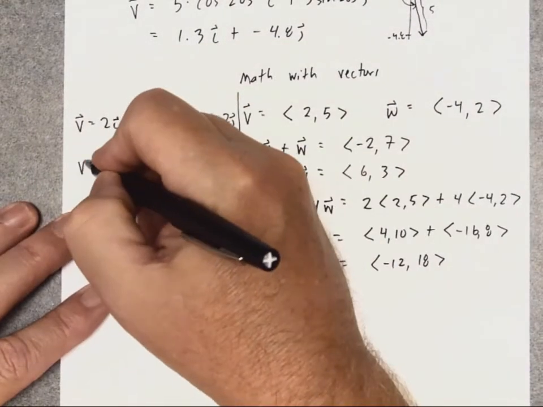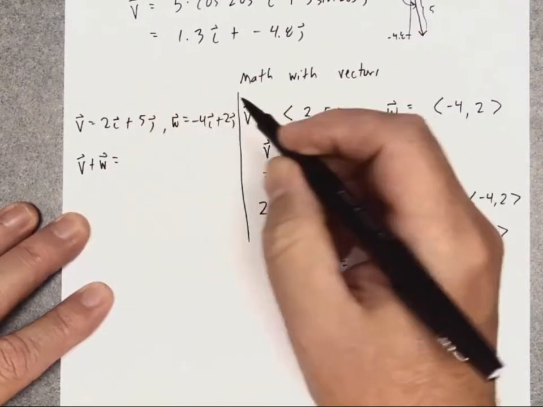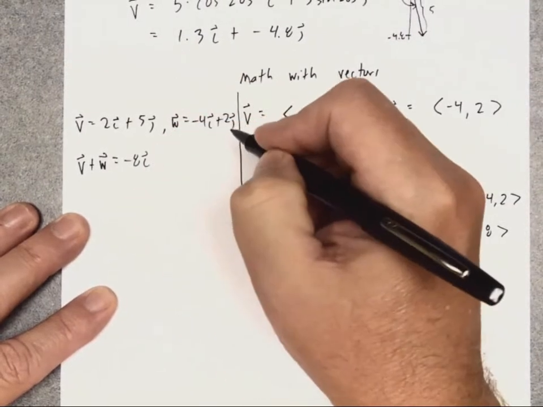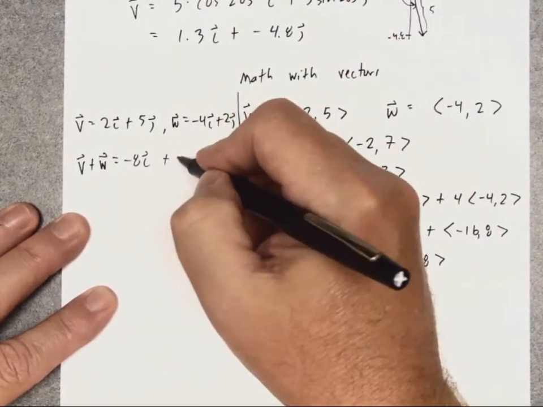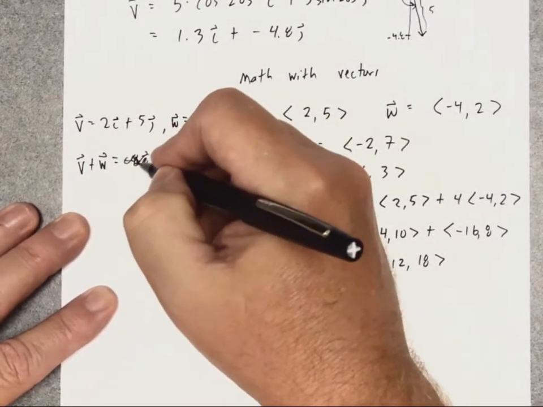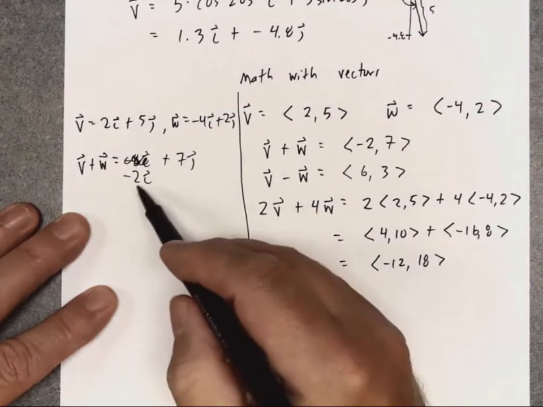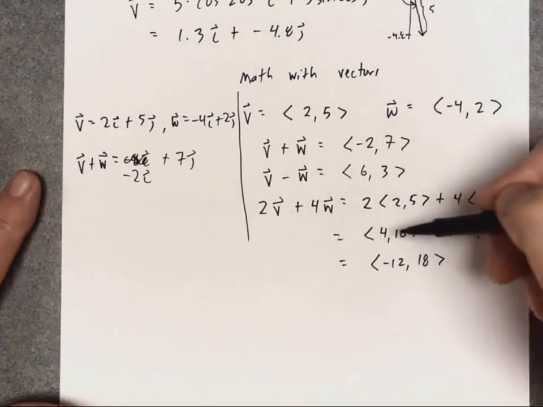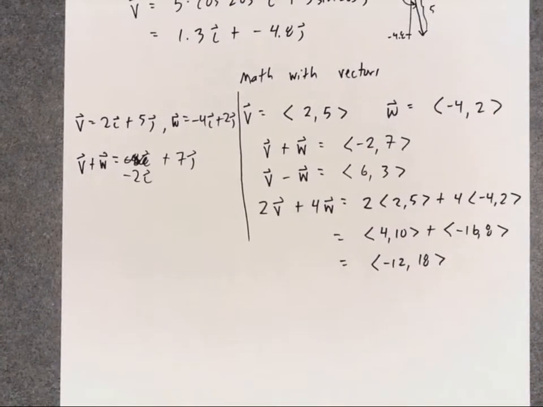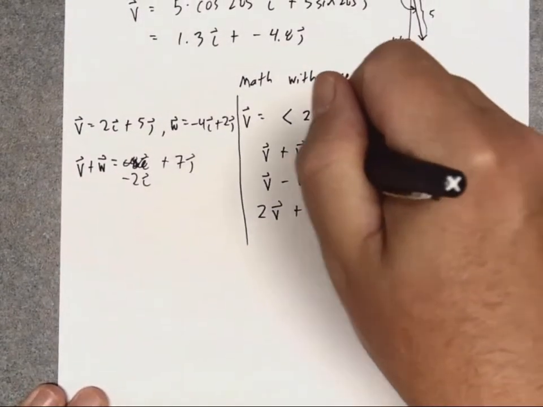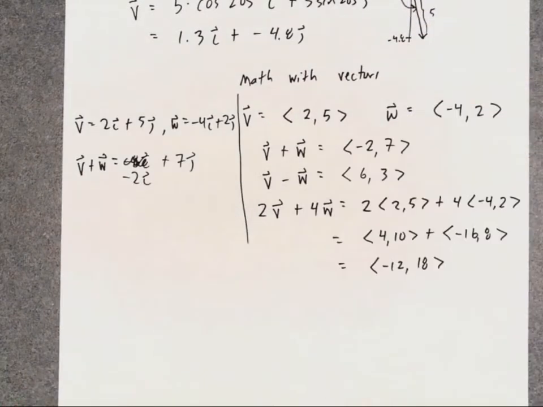In other words, if we were to add the two vectors together, you simply add the i parts and then the j parts. Negative 2i plus 7j. I'm not going to do the rest of these because hopefully you can see that it's very straightforward. So adding, subtracting, even multiplying vectors by scalars, when they're in the ij or the pointy brackets form, is very straightforward.